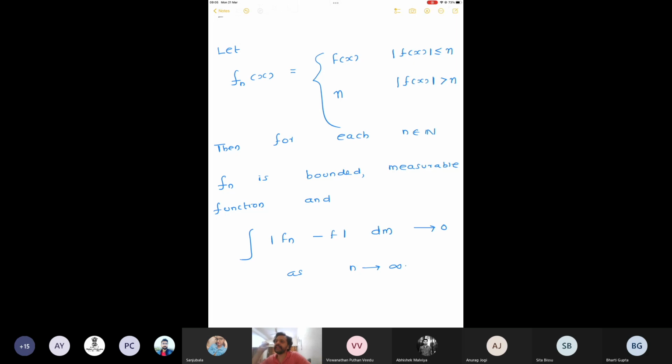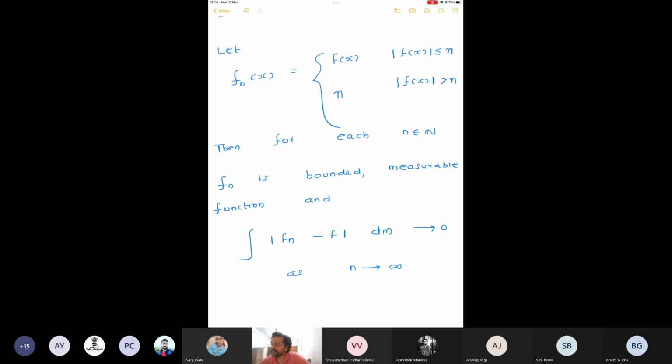From this, you can prove that the integral of fn dm converges to the integral of f dm. That's not hard. That is the conclusion we wrote, and DCT is actually a particular case of this.